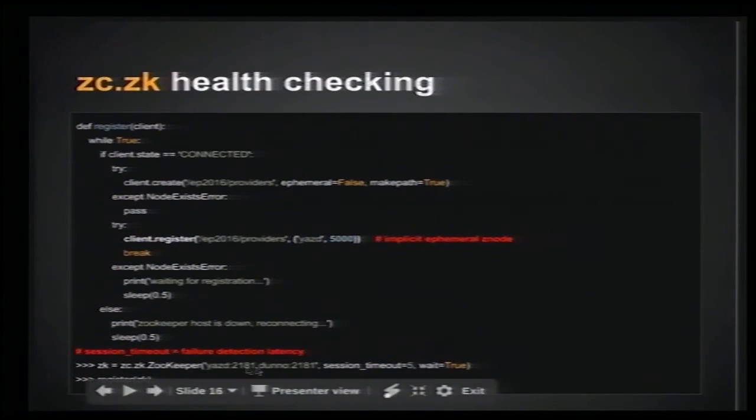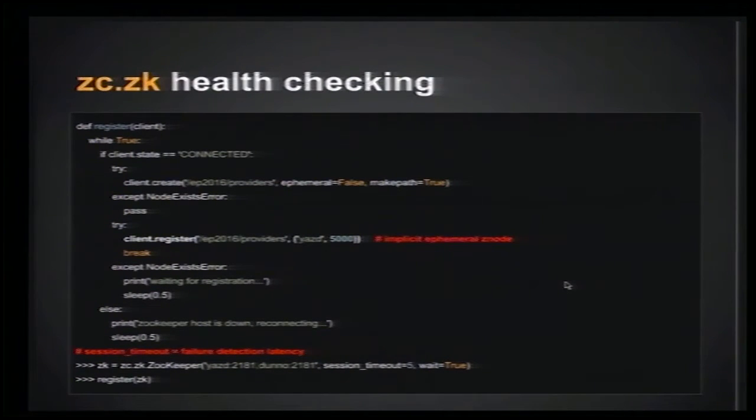It will take session timeout here. When I created my client session, I said 5. So it would take up to 5 seconds, in this case, to make this happen. So for 5 seconds maximum, I could be serving wrong host and port to my clients from the catalog. That's something you have to consider as well in such topologies.